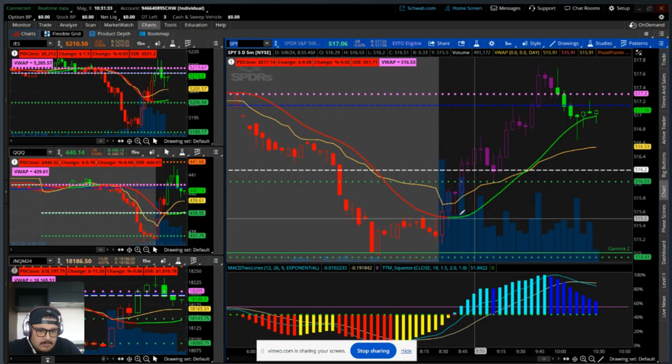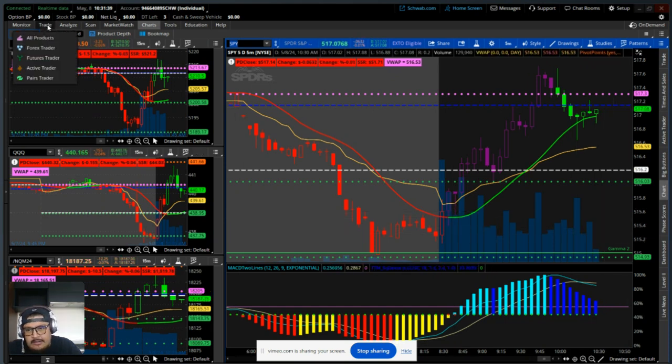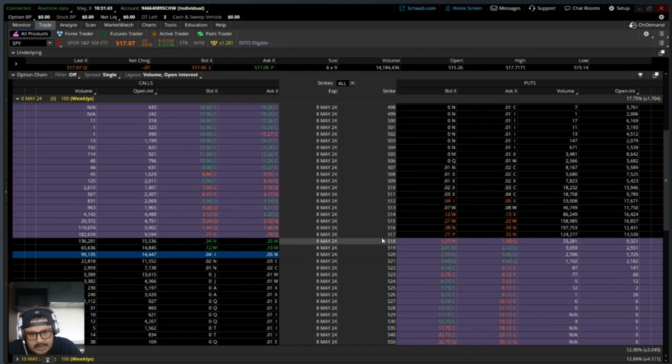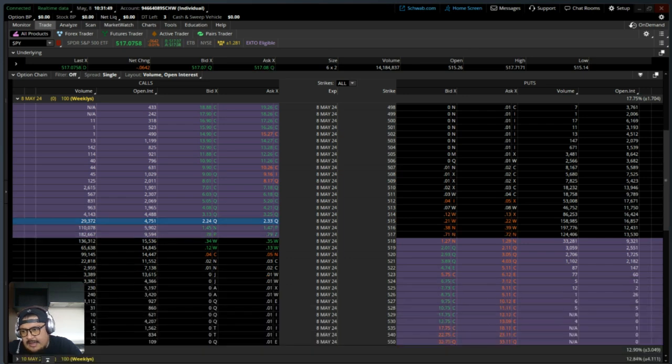Now, if we look at the option chain on the call side, I'm going to use my little pen over here, there was a little bit of a gap from this 4,000 open interest to this 15,000 open interest. So there's a gap until right here.